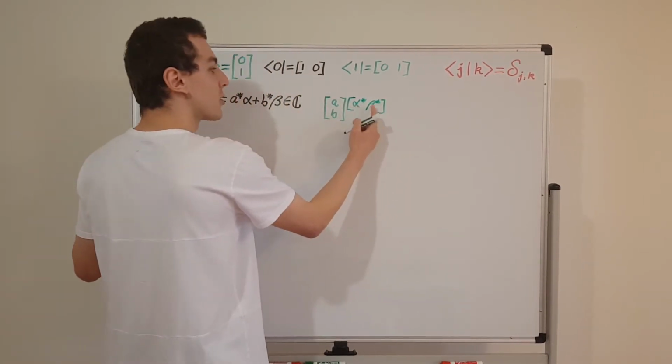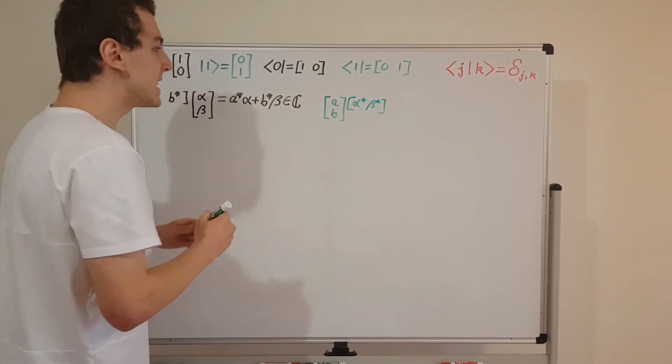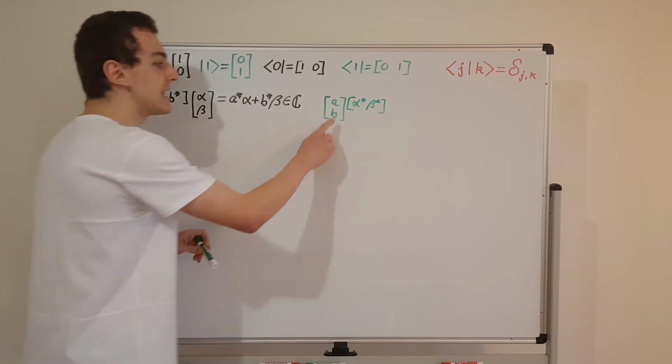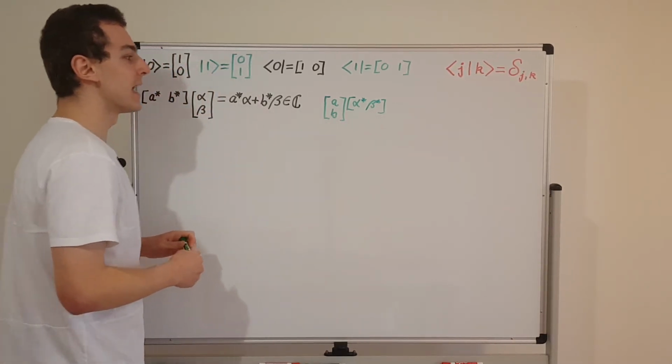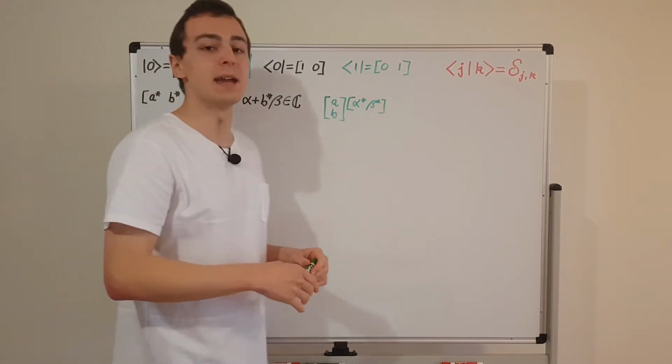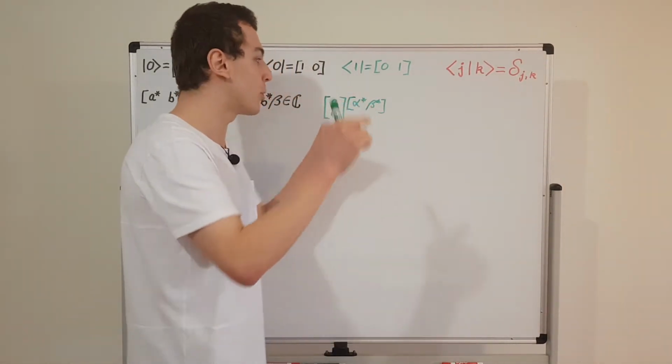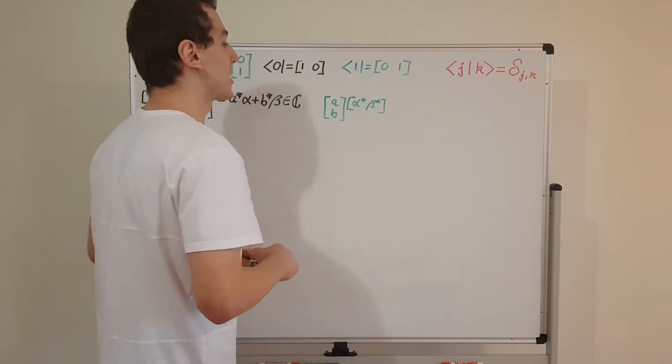So these are complex conjugated elements. Now, what is this going to give? This is not the inner product. This is a ket-bra combination. And the result of this is going to give a matrix. And in this case, it's going to be a 2 by 2 matrix. We're going to make a square matrix out of these two vectors.